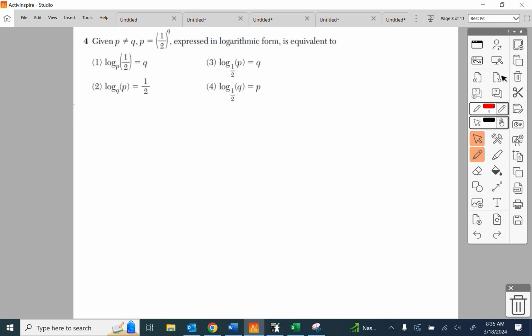Given P is not Q, P is 1/2 to the Q expressed in logarithmic form is equivalent to. Again, remember that log is base. So here's my exponential thing. The base is 1/2.